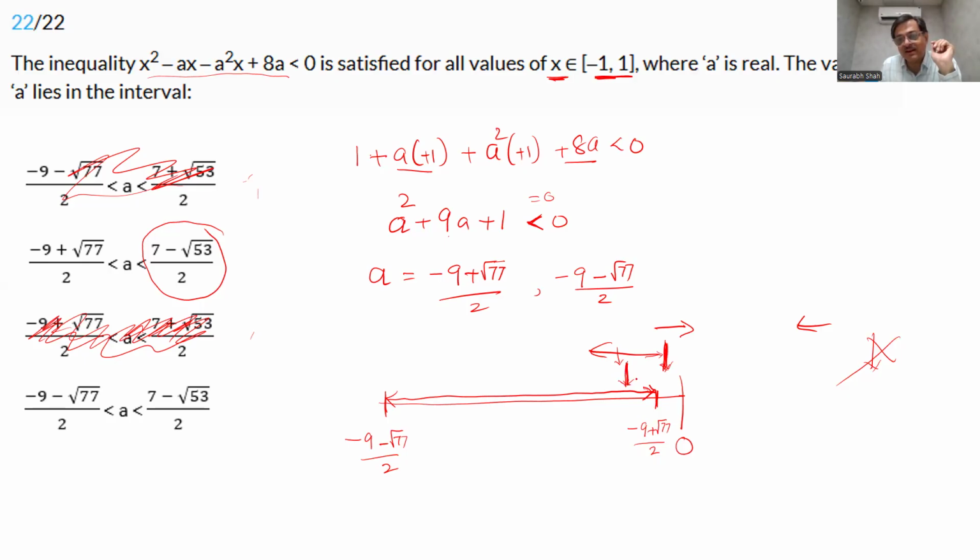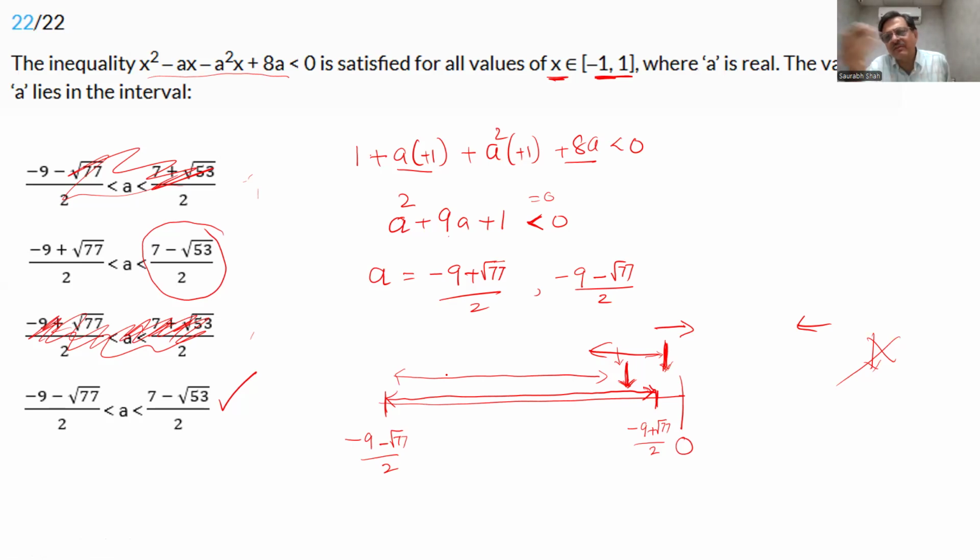It must lie somewhere around here. I'm not drawing to scale. That means your answer has to be this range: lower limit till the given number, which is in option 4. Not the upper limit to that number, then we are actually moving out of the range.